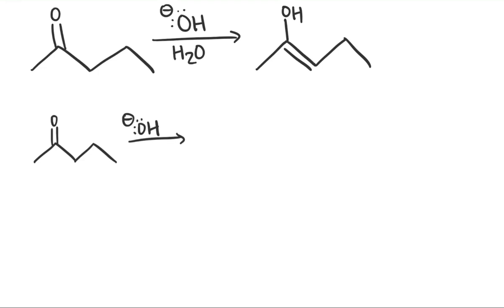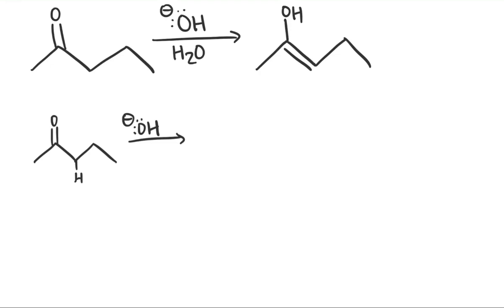Now you might be thinking, well, we have two here, so which one is it going to be? And I'm going to say to that, if we remember from our acid catalyzed mechanism, we want to form the more substituted alkene product. So we are going to want to deprotonate this carbon specifically right here in the center of the molecule.